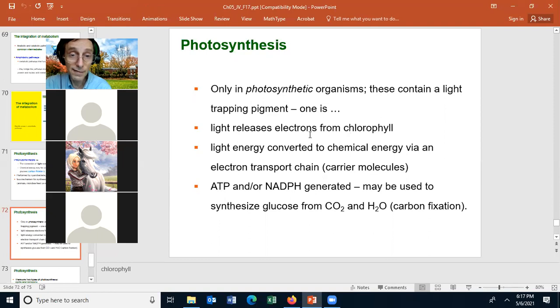Those electrons flow and then can be used to make ATP or NADPH, which are often used up by the cell to make glucose from CO2 and water. We say the making of glucose from CO2 and water is carbon fixation.